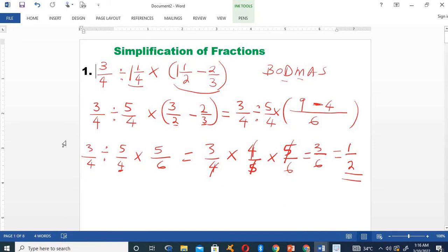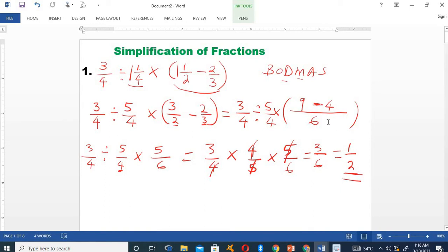So if I simplify these fractions based on the operations between them, 3 over 4 divided by 1 and 1 over 4 times bracket open, 1 and 1 over 2 minus 2 over 3, the final answer will be 1 over 2, which is half.